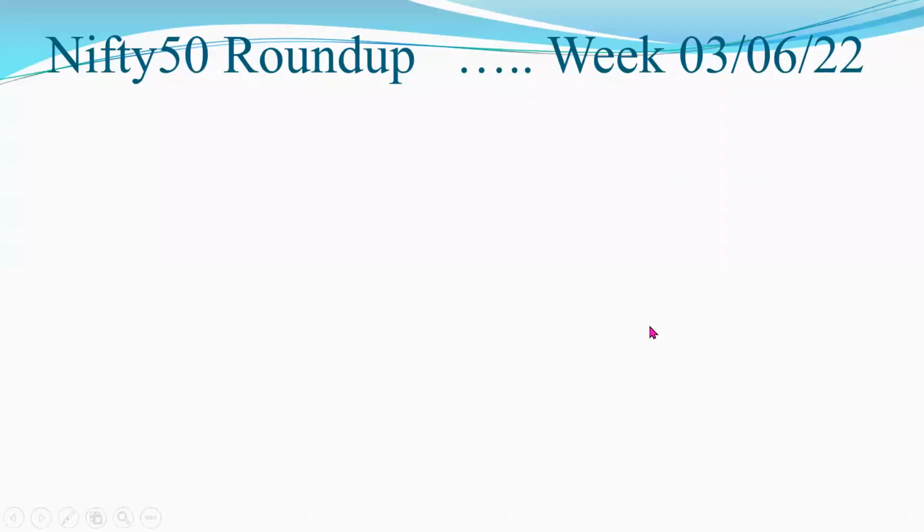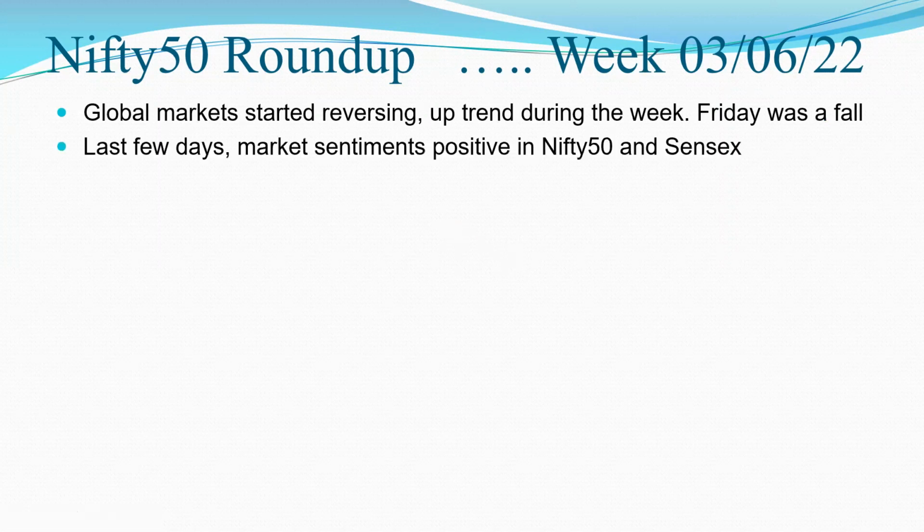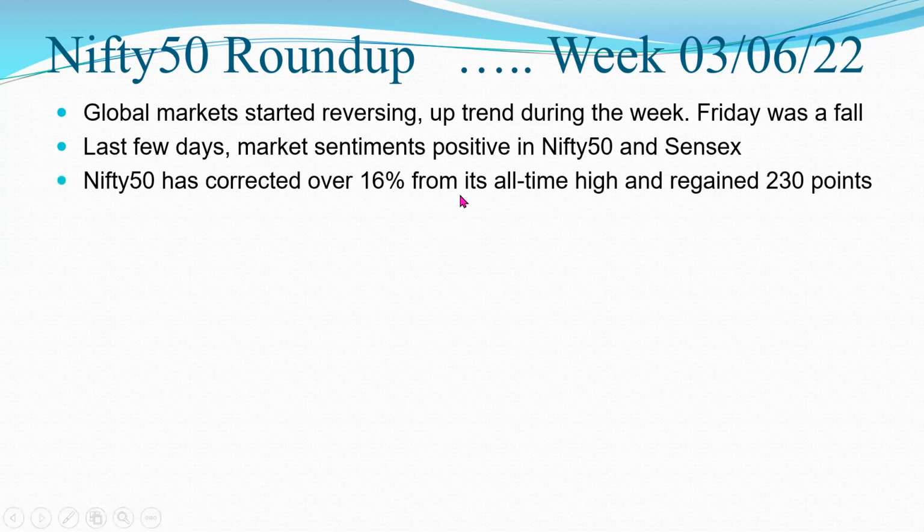From the roundup point of view, the market is slightly moving upwards, but on Friday there was a fall. Market sentiments are positive. It has corrected around 16%, but this week it has regained some 230 points.